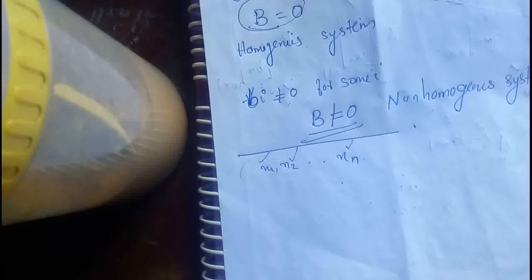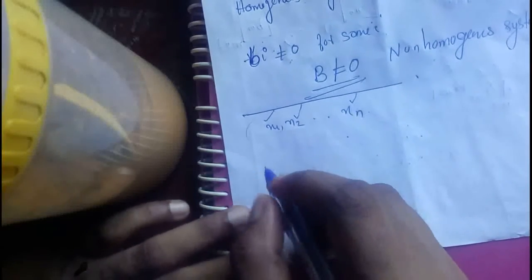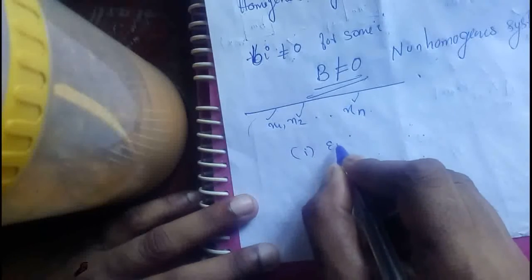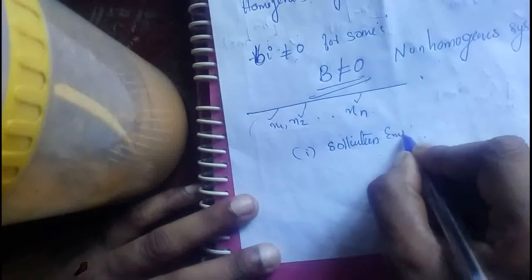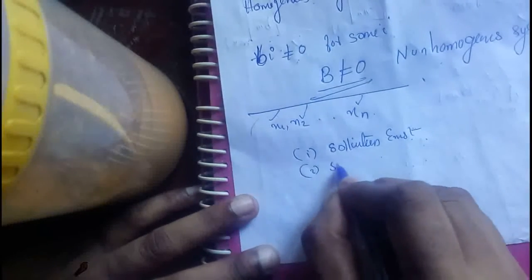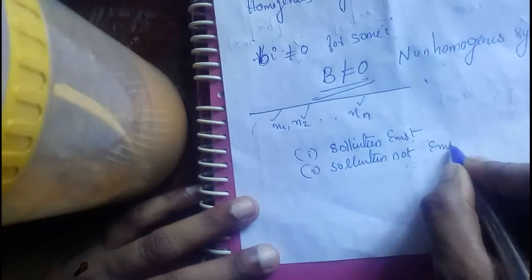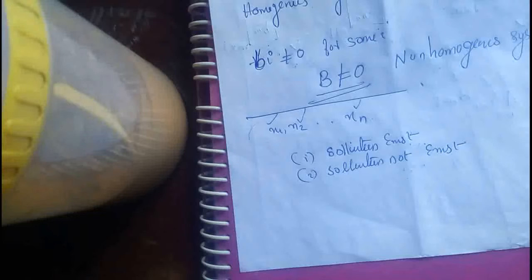So we can say a linear system may have a solution, or a solution may not exist. Solution exists means we got a solution.